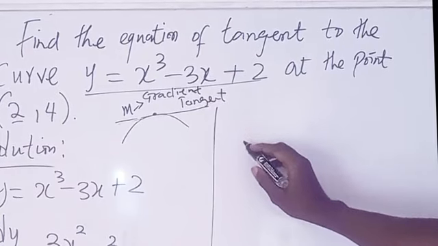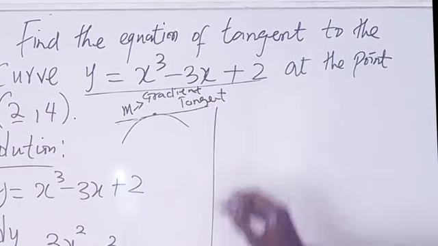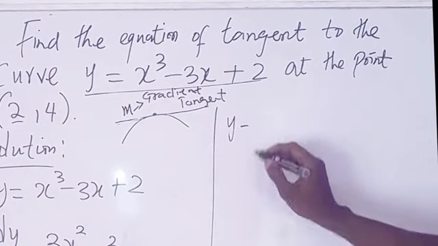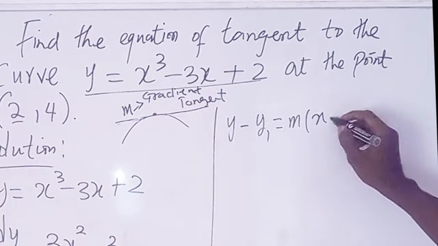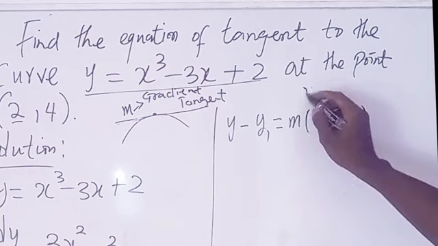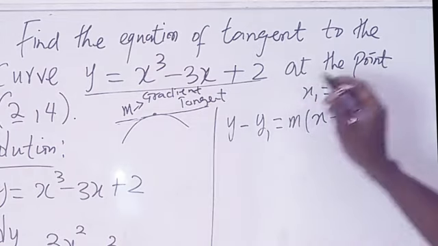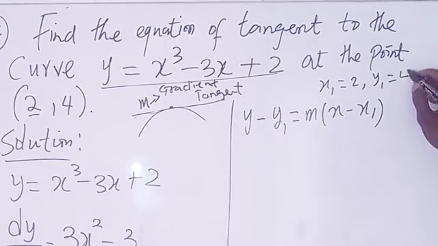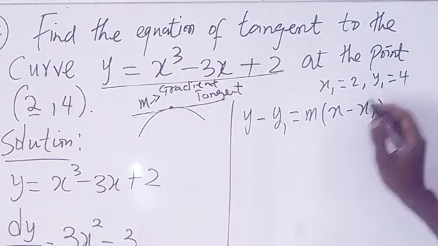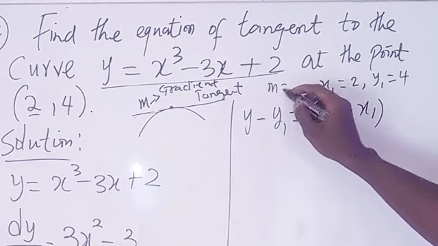From there, what we're going to have next, let me write the equation of tangent again: y minus y1 equals m(x minus x1). Here x1 is 2, y1 is the second point, which is 4, and m, we've already gotten to be 9.